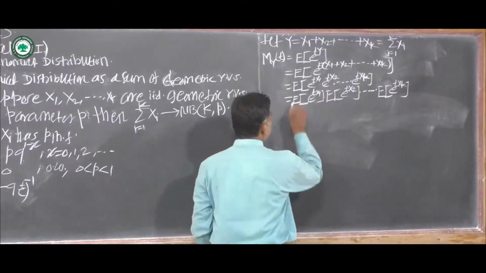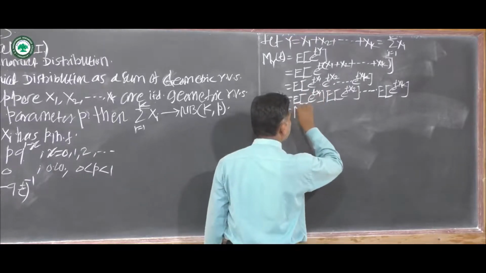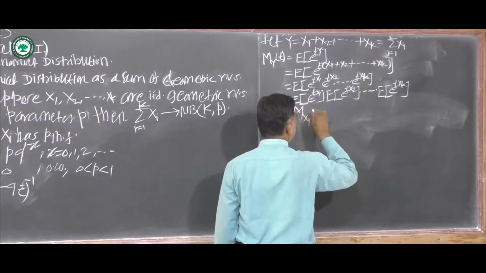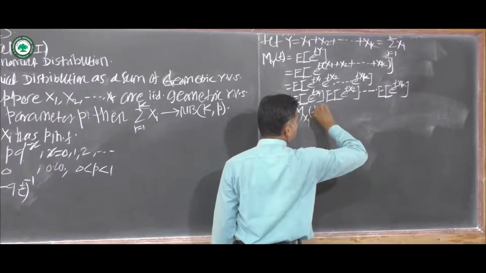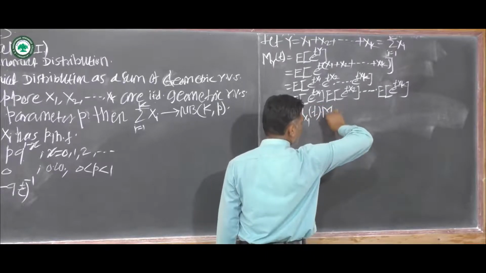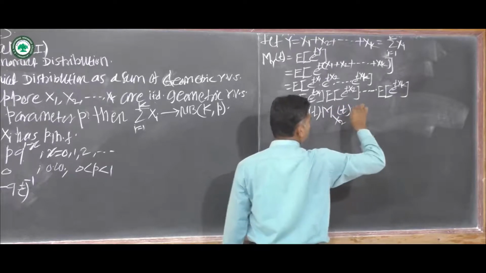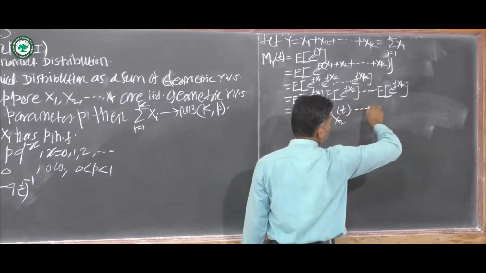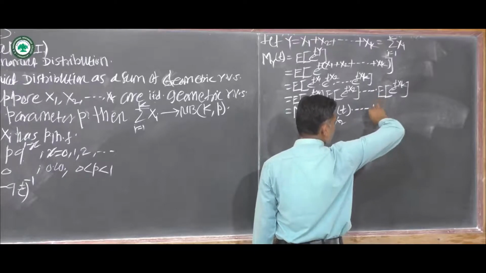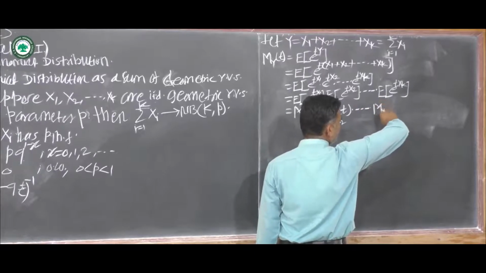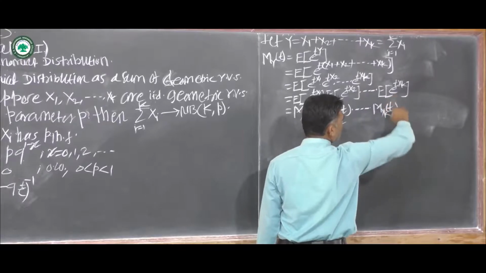Then we know that this is equal to the MGF of random variable x1 into the MGF of random variable x2 into and so on into the MGF of random variable xk.